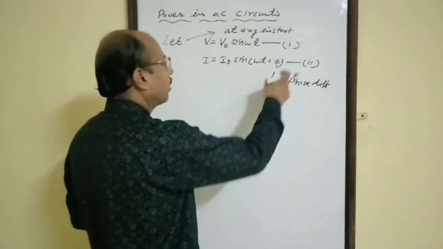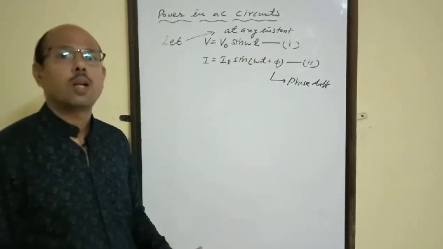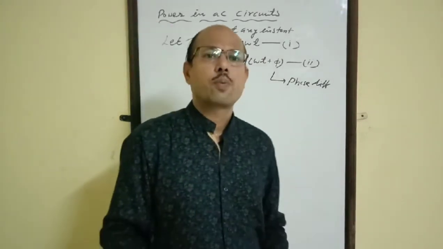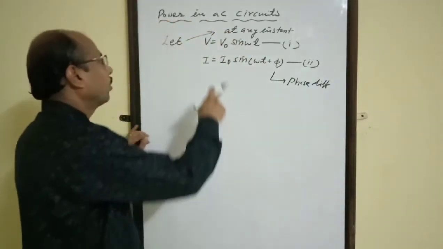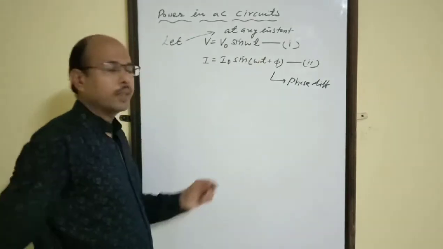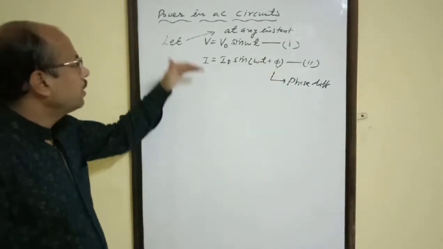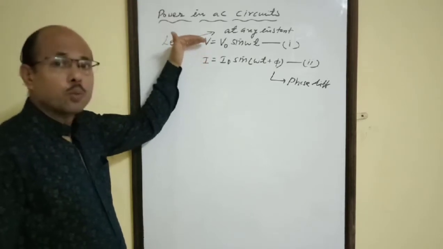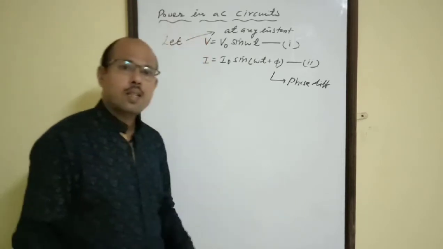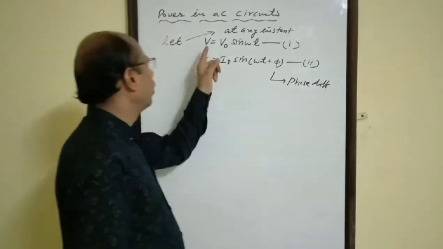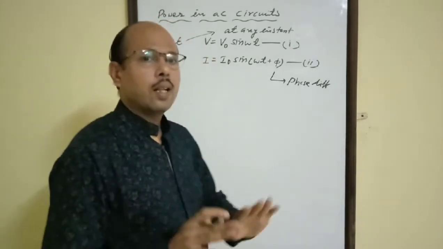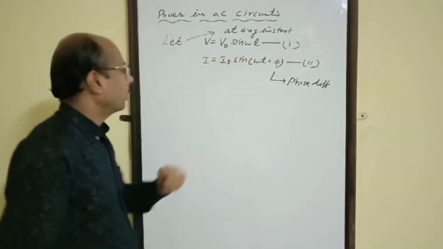So here we are going to find a general expression for power. v equals v naught sin omega t, i equals i naught sin(omega t plus phi). These are the instantaneous values of voltage and current in an AC circuit respectively.